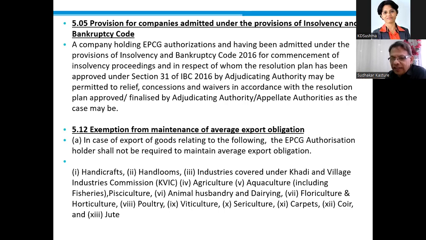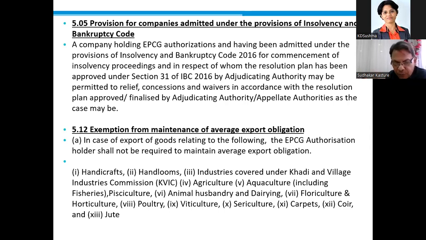But if you are an exporter of handicraft, handlooms, industries under Khadi and village, agriculture, aquaculture, fisheries, pisciculture, animal husbandry, dairy, floriculture, poultry, horticulture, viticulture, sericulture, carpets, coir, and jute.